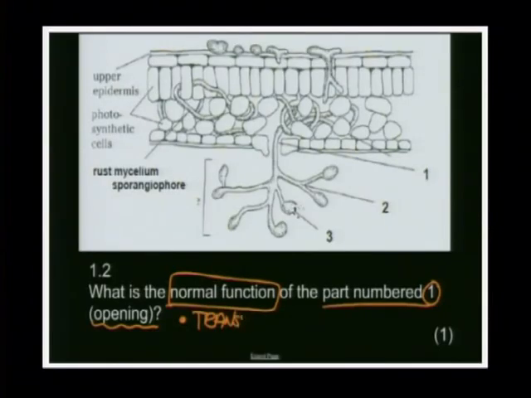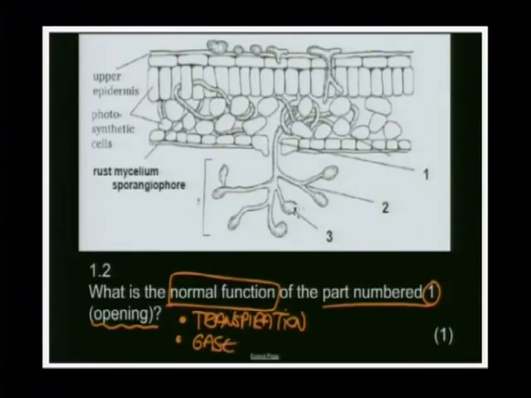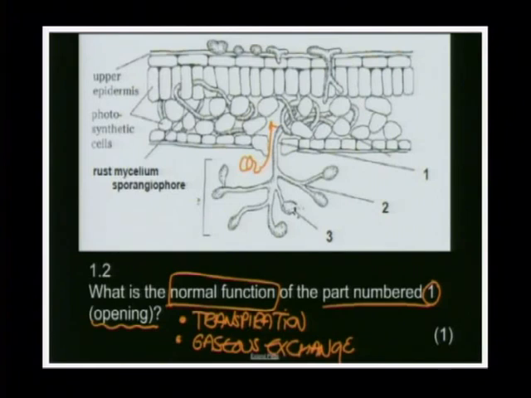Here, we will accept either transpiration, which, if you remember, was done in an earlier section of the syllabus with water movement through plants, or you could here also answer gaseous exchange, in the sense that these are the special openings on the leaf where CO2 is going to move in during the day for photosynthesis, and O2 is going to move out because it's a waste product. So either one of those 2 options will get you the mark.